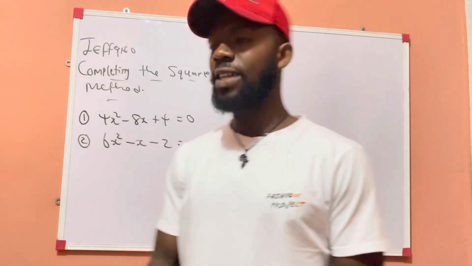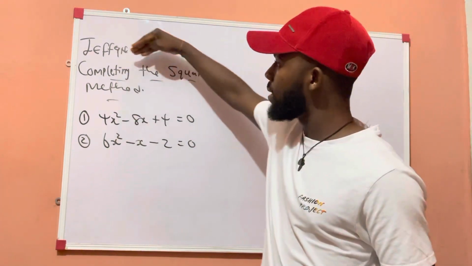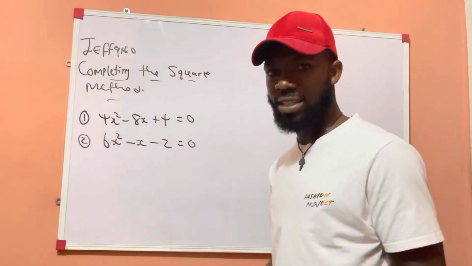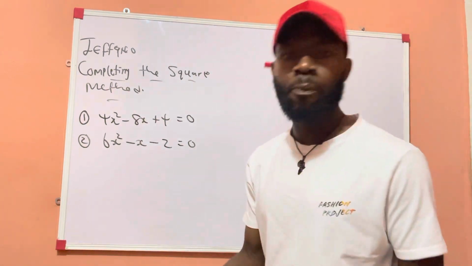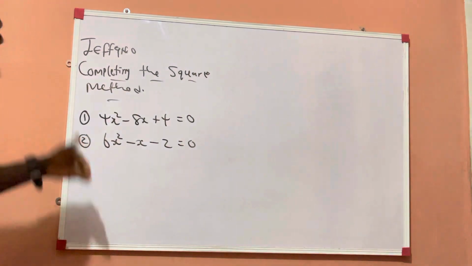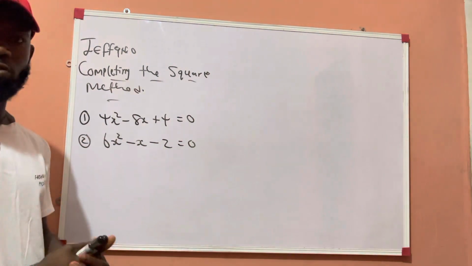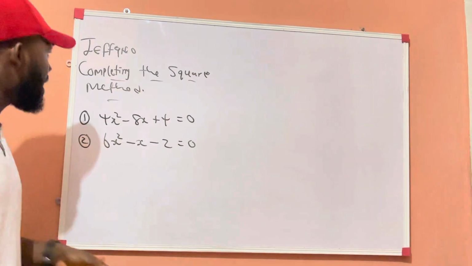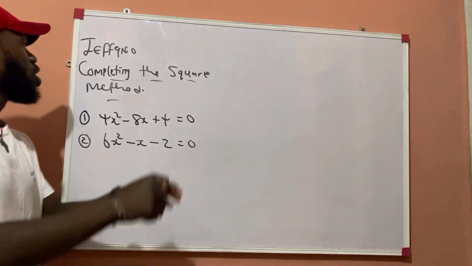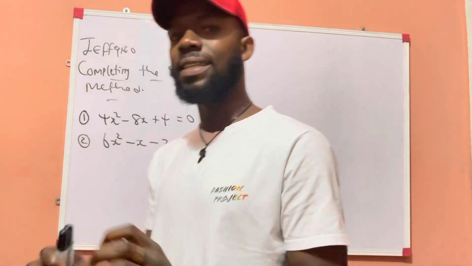This is the presenter Jefferson, and today on the board we have using completing the square method in solving quadratic equations. Now, remember in our previous videos we were able to see how we can use the formula method and also the factorization method in solving quadratic equation problems. But today we shall be looking at how we can use completing the square method in solving for the roots of quadratic equations.